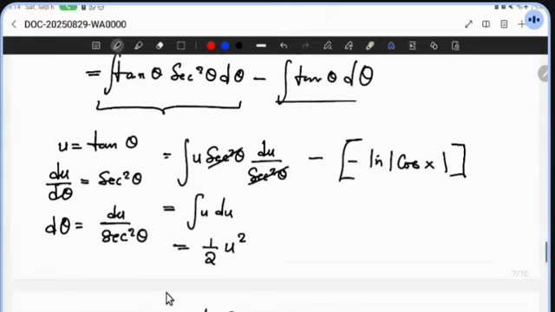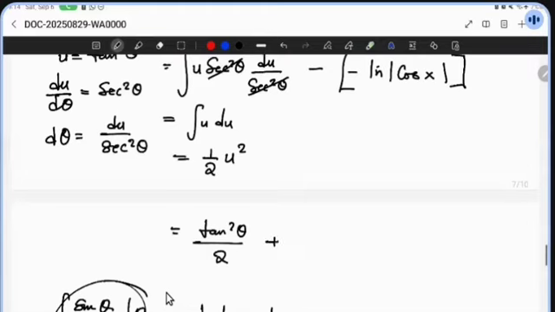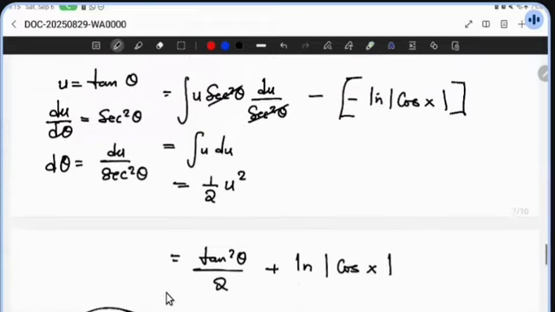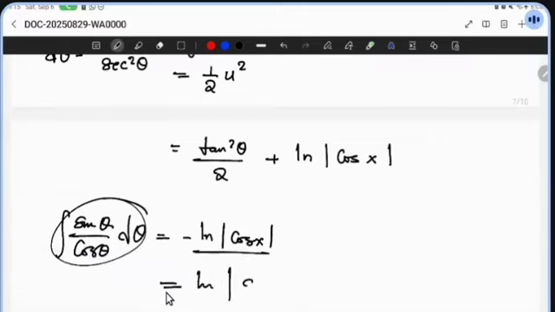So now this and this will make a plus, so here we'll have plus ln of cos x. In some cases, instead of using negative ln of cos, they'll give it as positive ln of sec. These two expressions are the same.